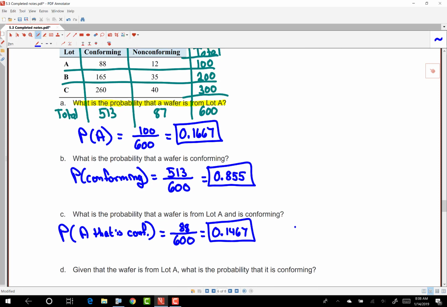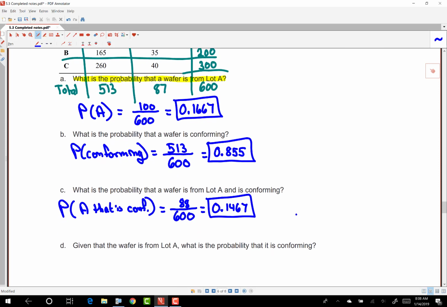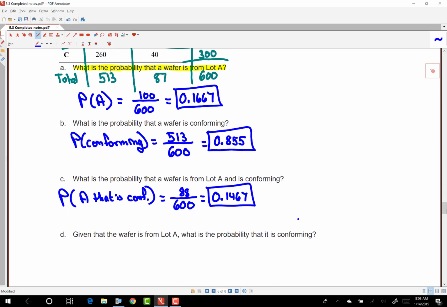Okay, now we're going to do some given that's. So for part D, given that the wafer is from lot A, what is the probability that it is conforming? So let's put that symbolically. The given that comes second. So we want the probability that it's conforming given that it comes from lot A. And whatever comes second in your symbolic notation, that's what you're going to narrow it down to.